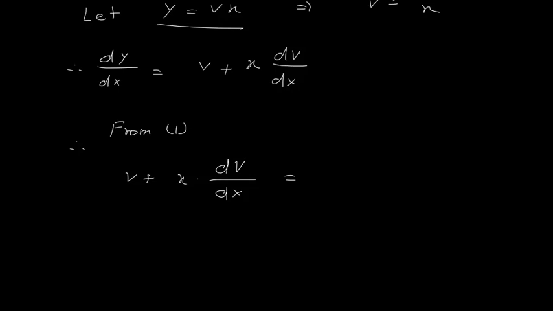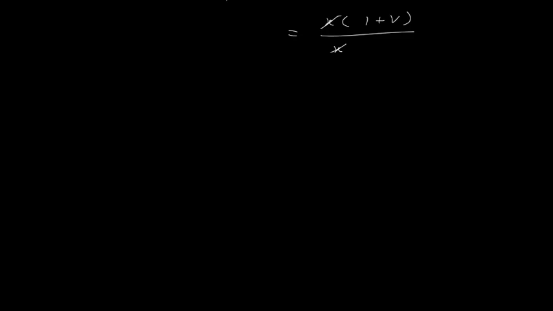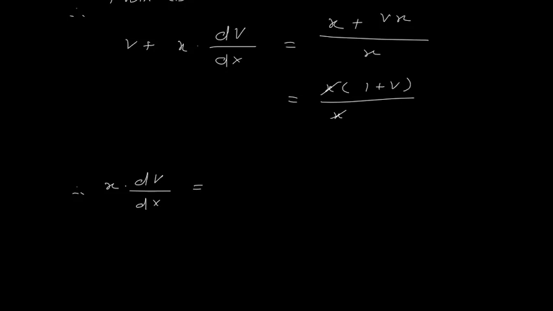So x will remain x, plus y will become vx upon x. Now I will take x common, it is x times 1 plus v upon x, so this x will cancel. Therefore x into dv upon dx is equal to, on the right hand side, 1 plus v minus v, so this v will cancel, and therefore I have dv is equal to 1 upon x dx.